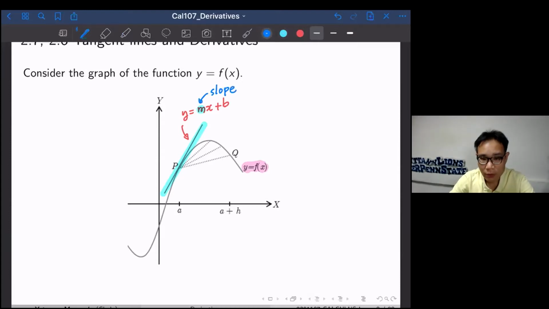In order to find the slope of a line, we need 2 points. We have only 1 point here, which is P. We don't have another point on the tangent line that we know, because it's not on the graph, so we cannot predict it yet. However, if you have another point Q on the curve, we can draw what is called the secant line, which I already discussed in the introduction.